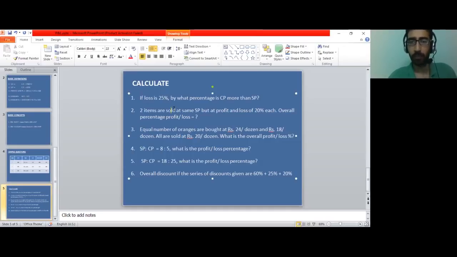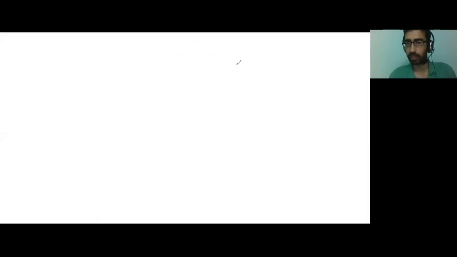In question number two, let me discuss it and also share with you the formula available for this question. Of course, if you don't know the formula, the simple method is to take selling price for both items, let's say selling price of item 1 and item 2 as 100 each.